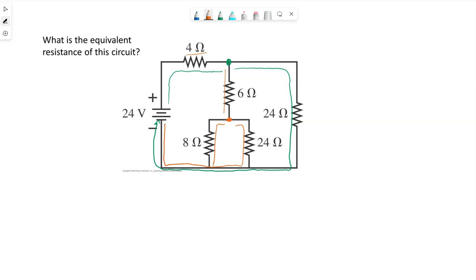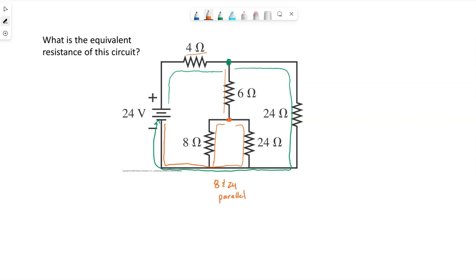So the 4 is not directly in series with any of these. We need to start where we lost choices. I don't know if that's the best way to say that. Ultimately, we must first combine the 8 and 24 here that are in parallel.